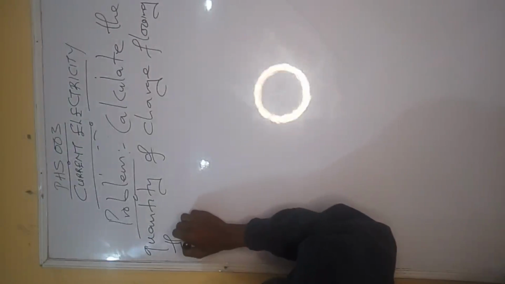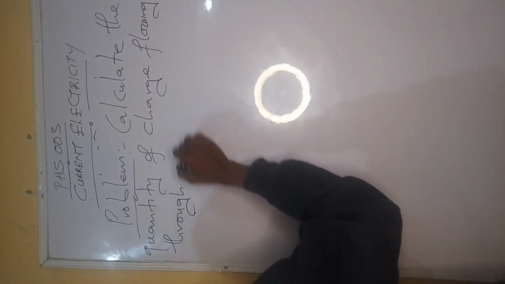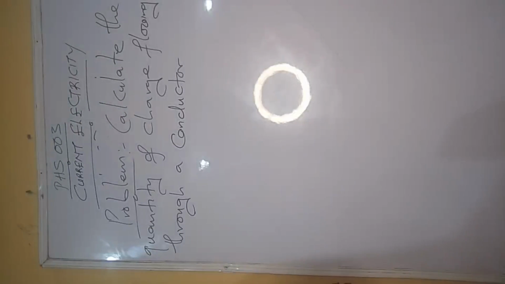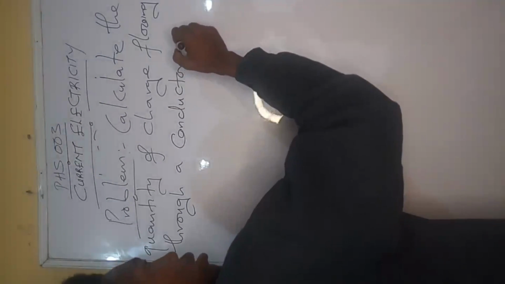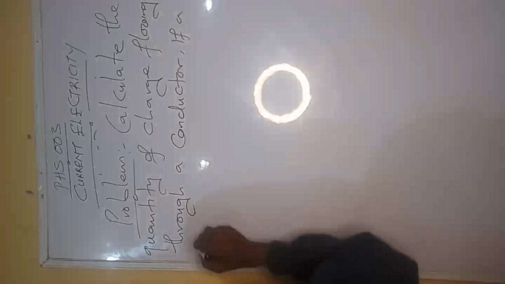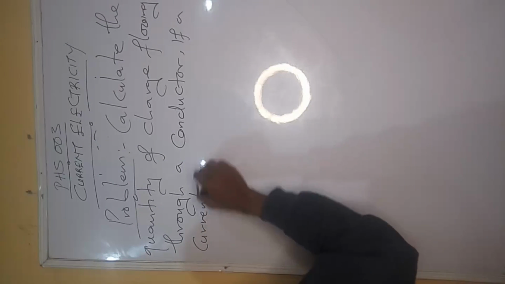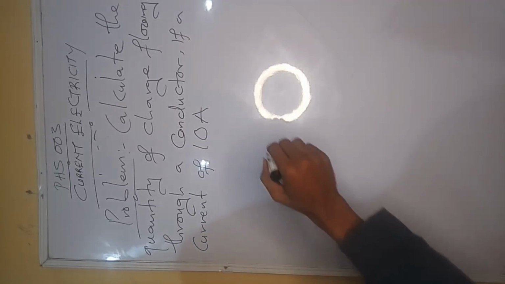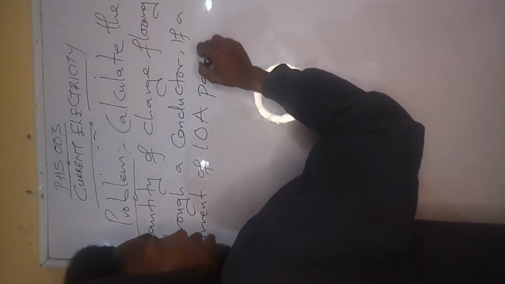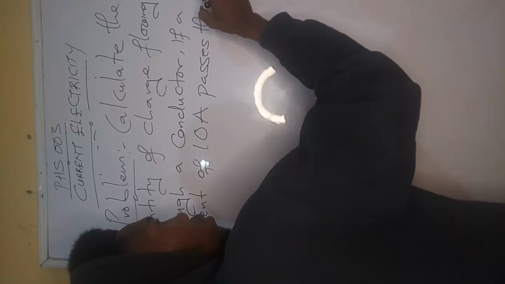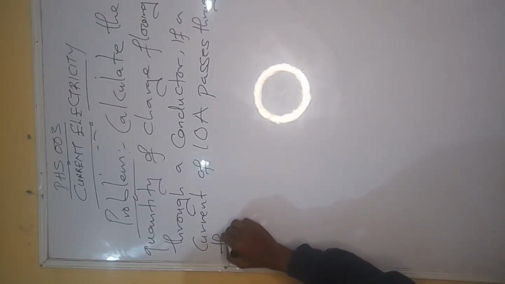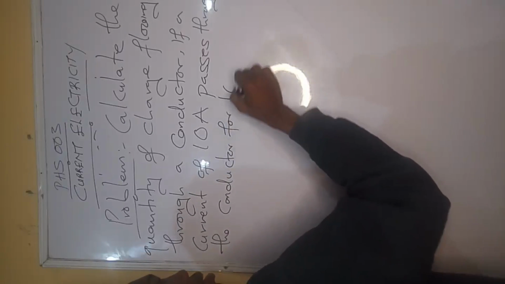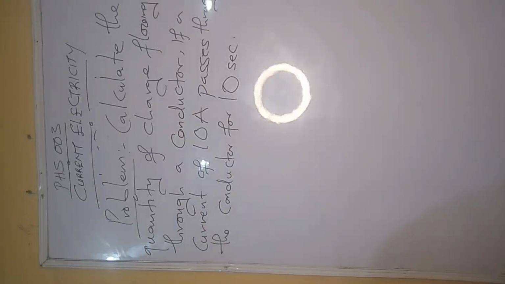Flowing through a conductor, if a current of 10 amps passes through the conductor for 10 seconds.